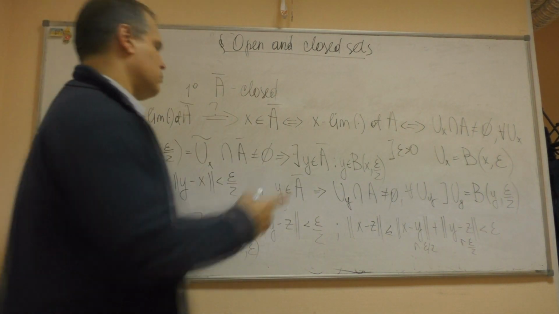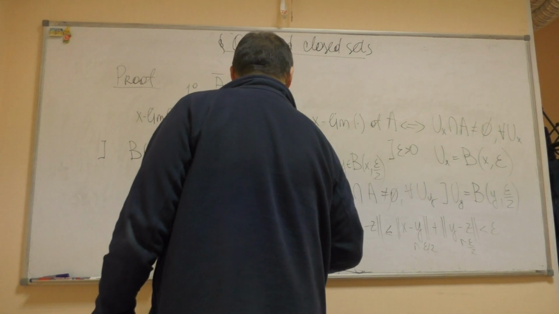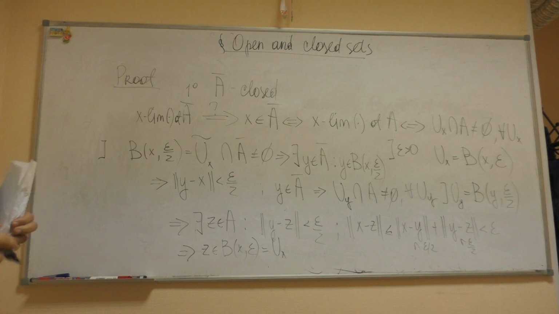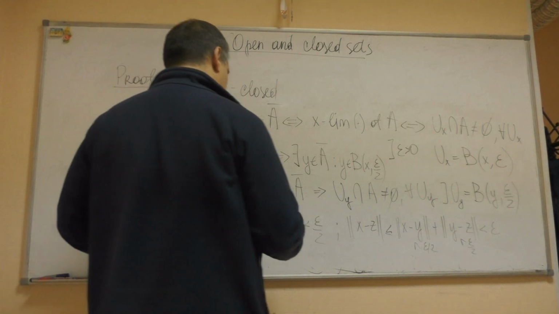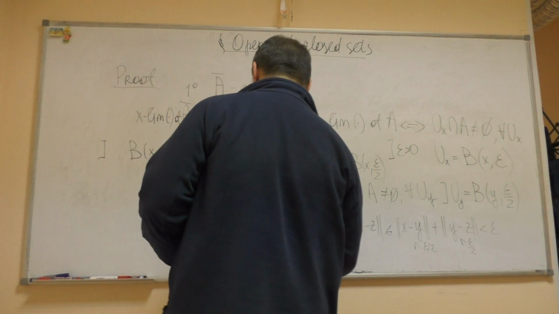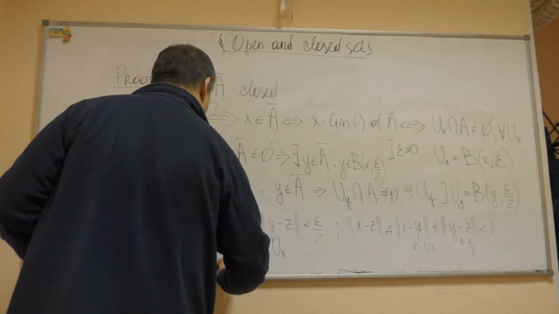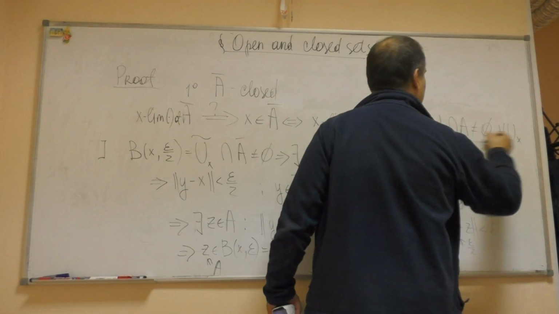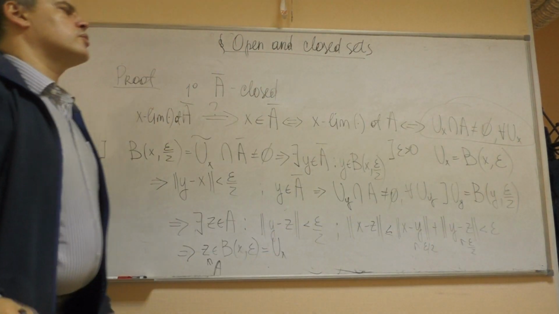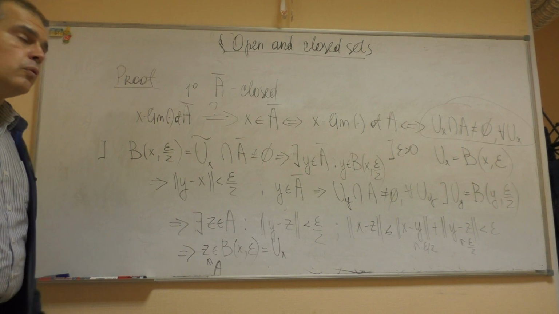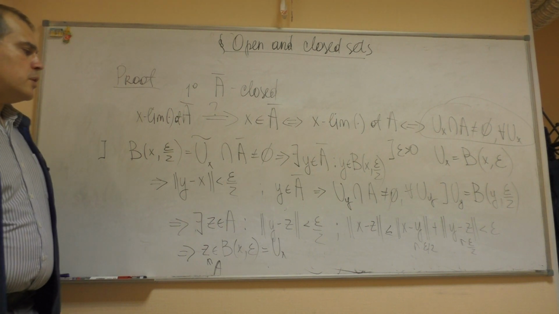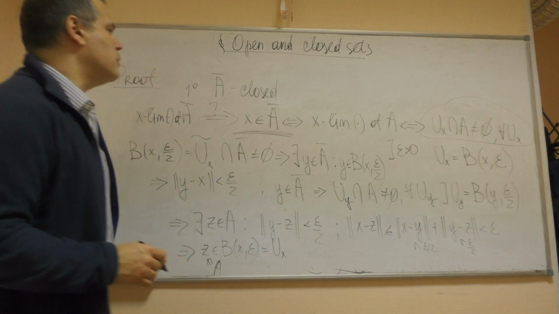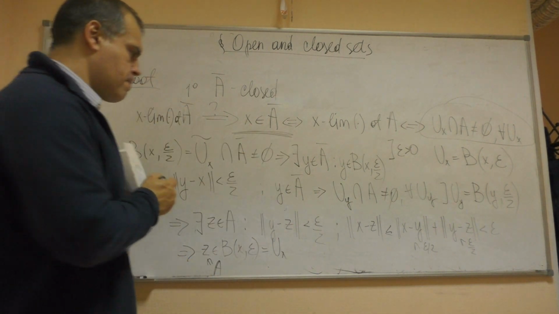So it belongs to an arbitrary neighborhood of x, but it also belongs to A. So indeed the intersection of any neighborhood of x and the set A is non-empty. So we have proven the first part.